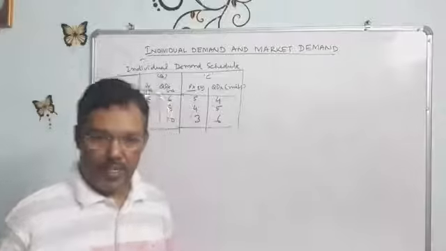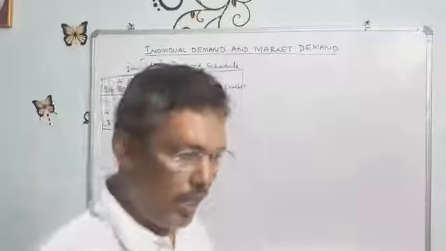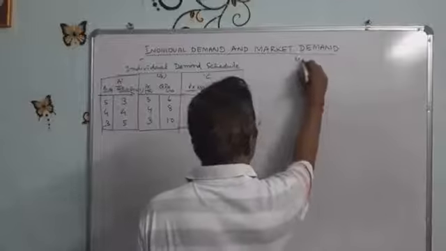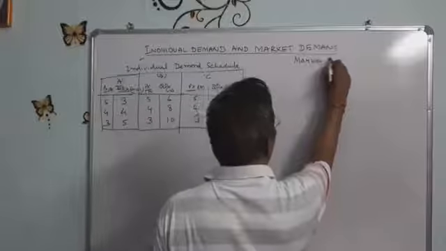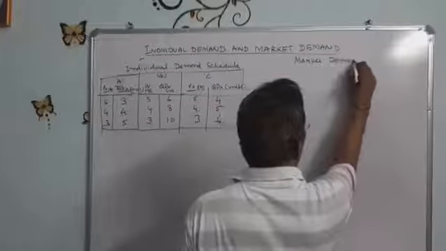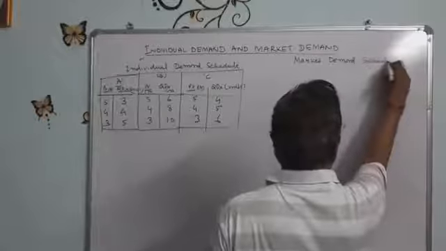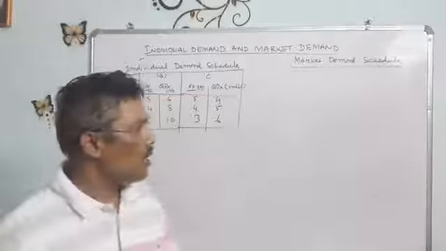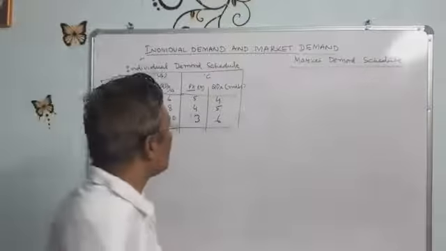Suppose in a market there are only 3 individuals, A, B and C. So that is market demand. Market demand schedule. In a market, suppose there are 3 consumers.